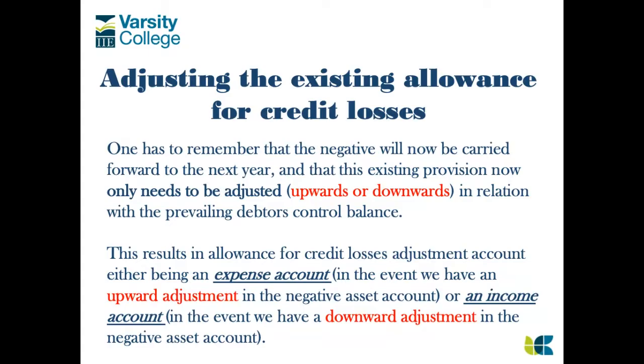So what are we going to do? Somebody tell me. The opposite of what you just said. Exactly that. Okay. So we're going to debit allowance for credit losses adjustment, okay, by that 250 extra. And then we're also going to credit allowance for credit losses, the negative asset, like we did initially. Okay. So that's all they're speaking to on this slide.